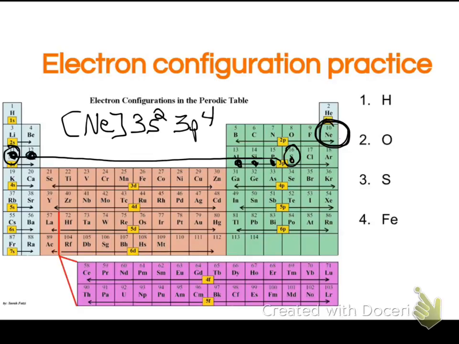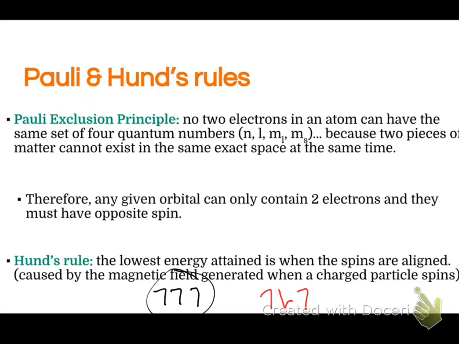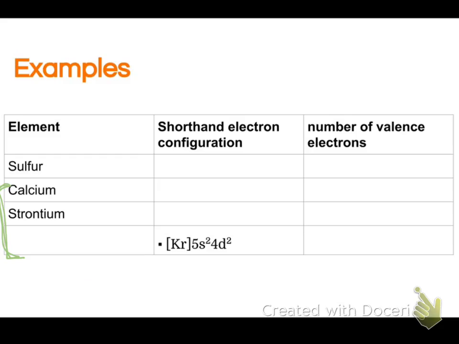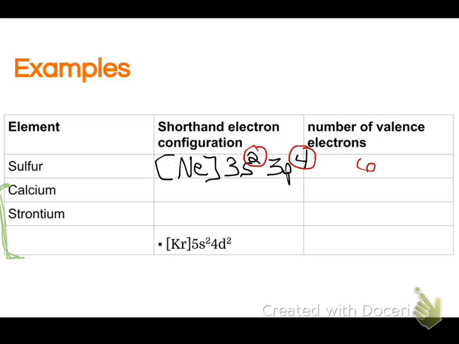So we're going to put that as our electron configuration here. It's a bit big, but that's where it goes. Now the number of valence electrons is just the total of all of my superscripts. So 2 plus 4, 6 valence electrons.